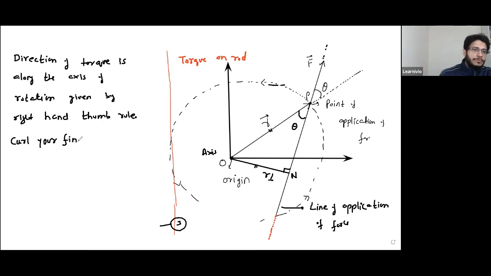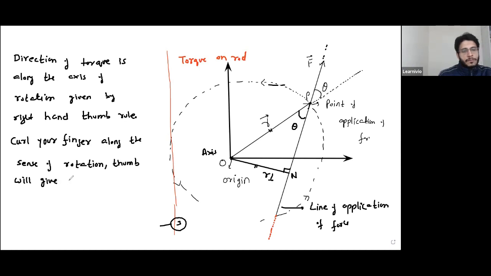Curl your finger along the sense of rotation, and thumb will give the direction of torque.